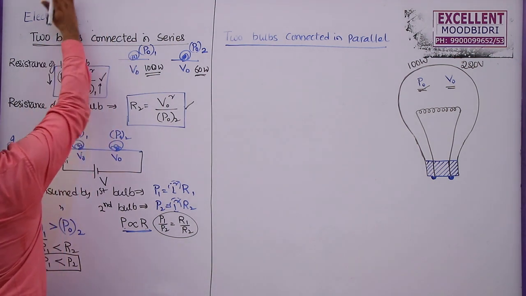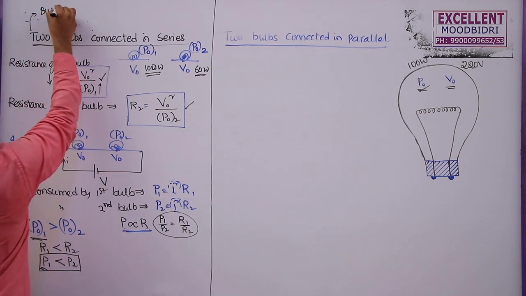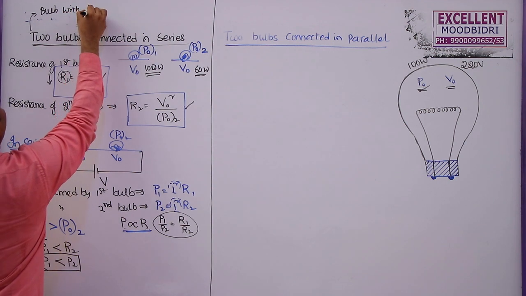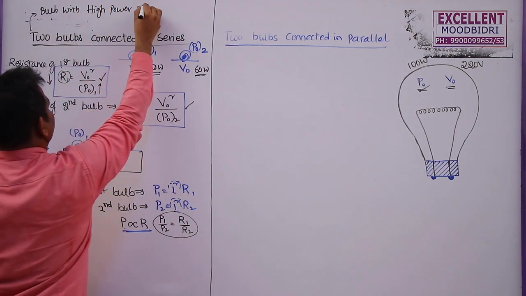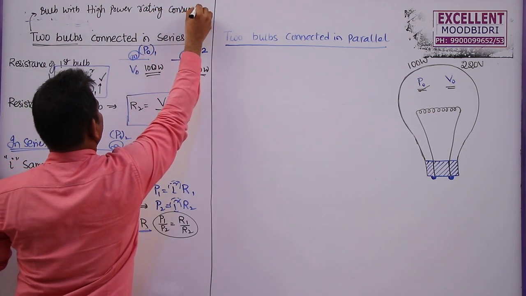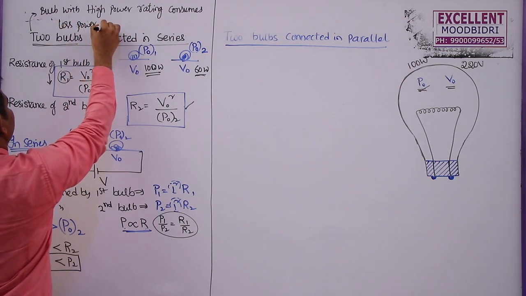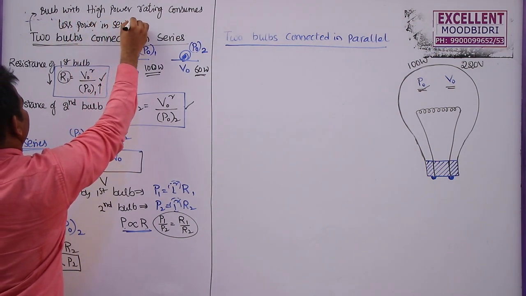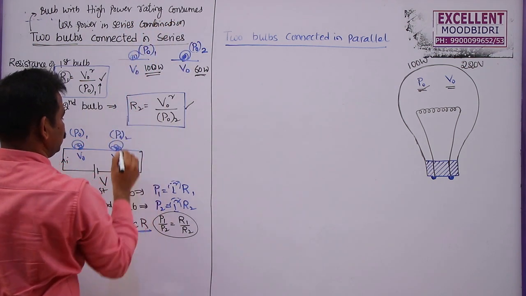Here we can write: bulb with high power rating consumes less power in series combination. Why? Because the same current has to flow through these two.